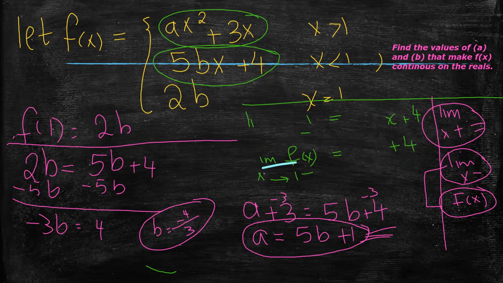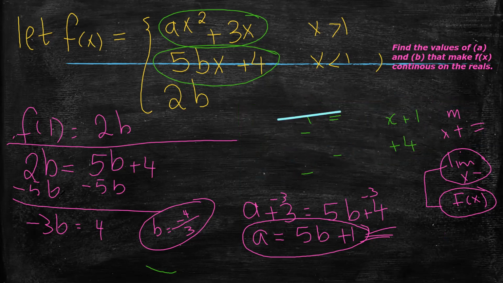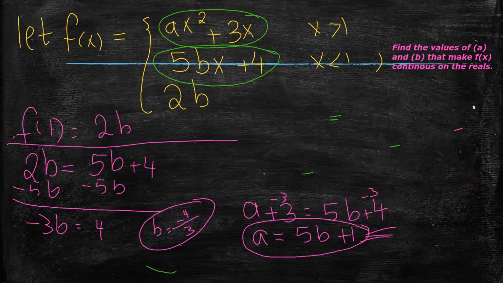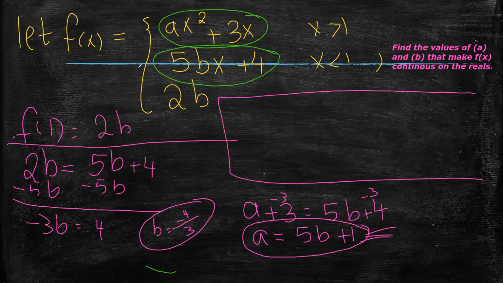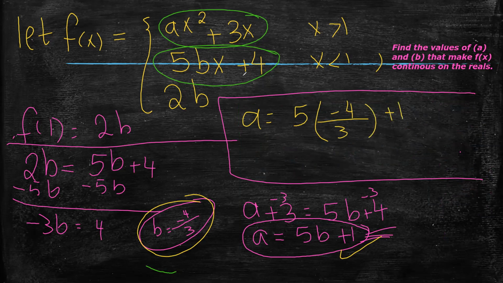Yes, teacher. I will say now here that since b is negative 4 over 3 and a is 5b plus 1, a will be 5 times negative 4 over 3 plus 1, which is negative 20 over 3 plus 3 over 3, which is negative 17 over 3.